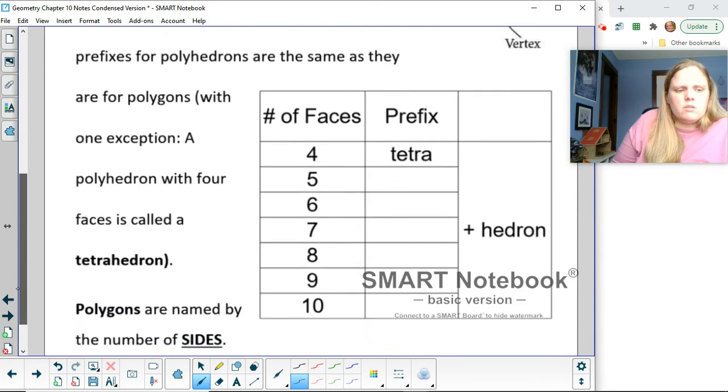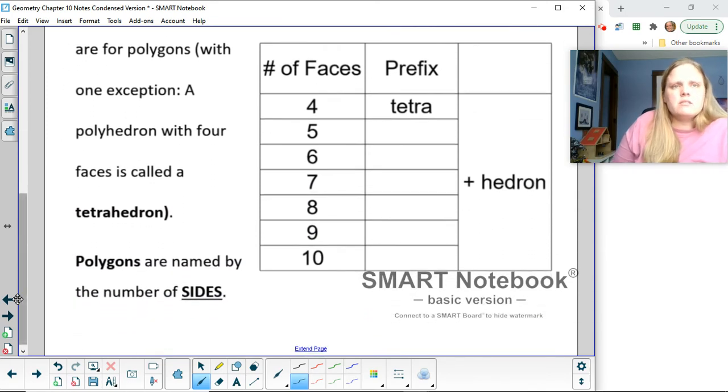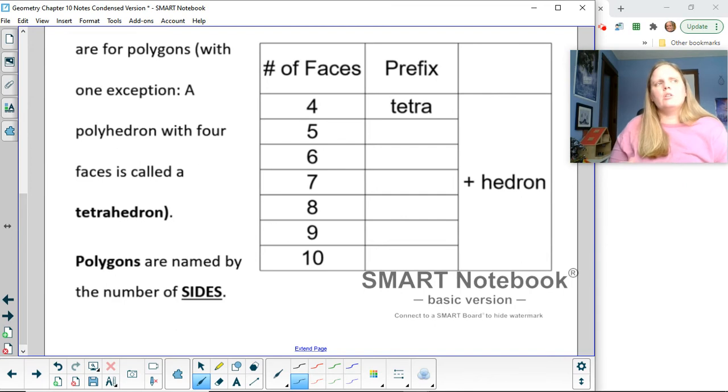And so if we think about how we did polygons, 3 sides is a triangle, 4 sides was quadrilateral, 5 sides was pentagon. We have prefixes for polyhedrons as well. We have to have at least 4 sides to make a solid. And then that is not the same prefix as a quadrilateral. The prefix is tetra.